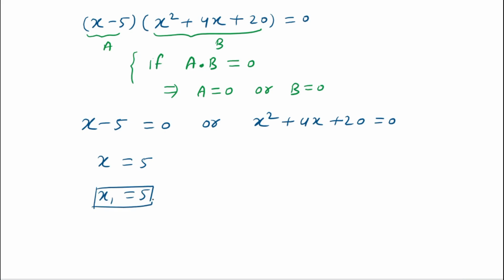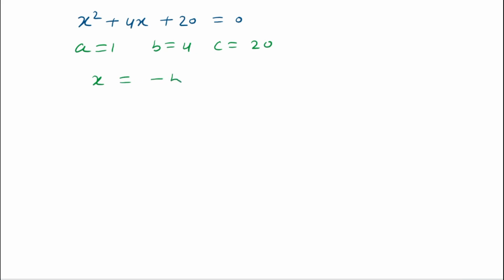Now look carefully, here we have a quadratic equation in terms of x: x square plus 4x plus 20 is equal to 0. Here the value of a is equal to 1, the value of b is equal to 4 and the value of c is equal to 20. And we know the quadratic formula: x is equal to minus b plus minus square root of b square minus 4ac, divided by 2 times a.